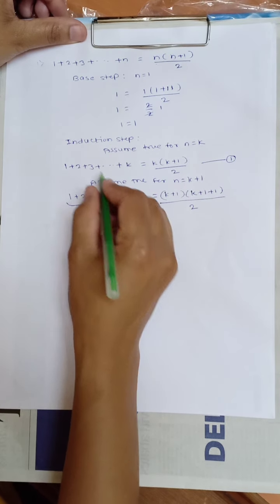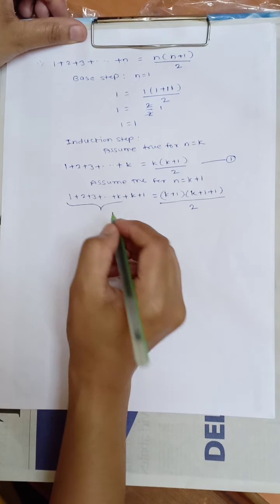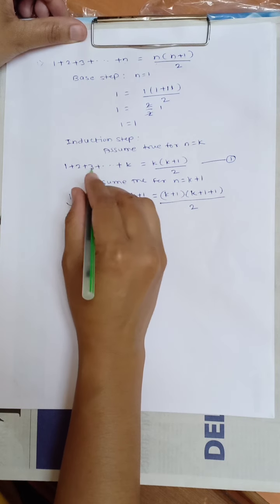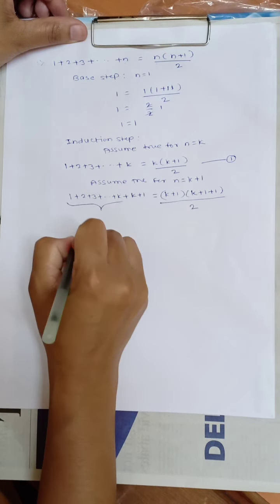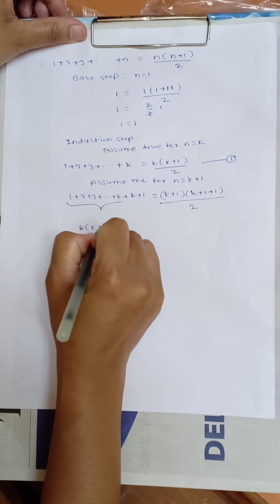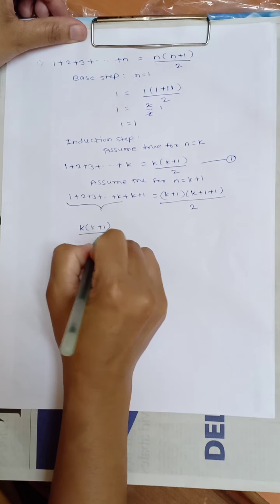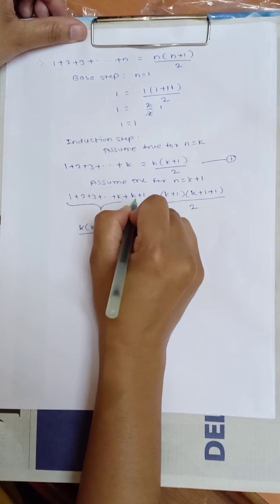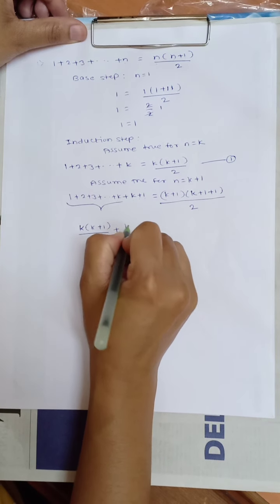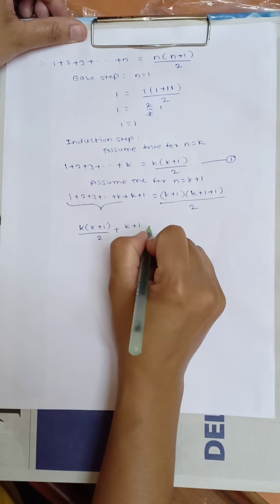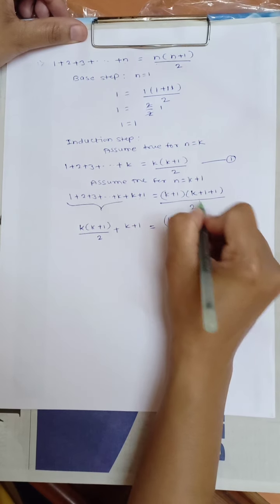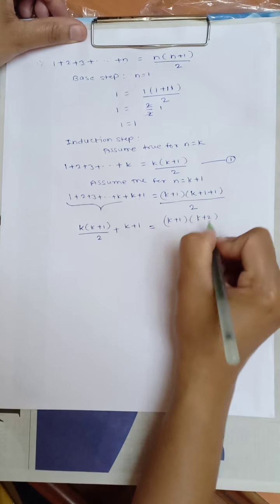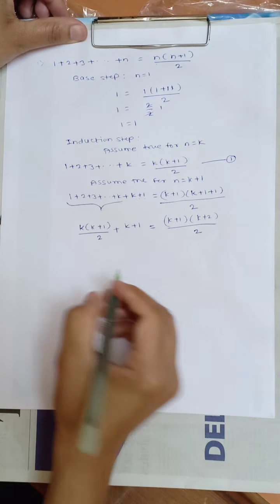So put this equation value into this one. So k into k plus 1 by 2 plus this remaining term, that is k plus 1, is equal to k plus 1 into k plus 2 divided by 2.